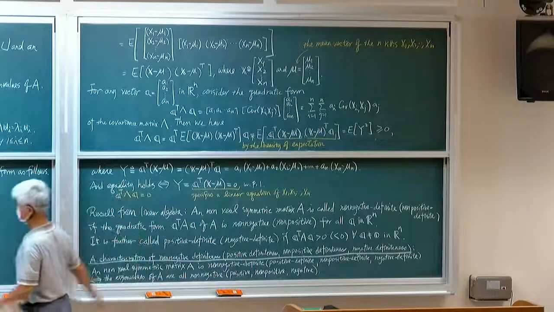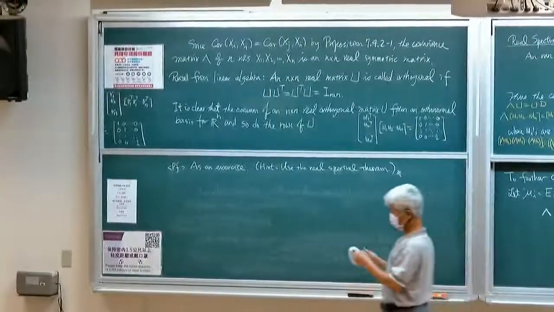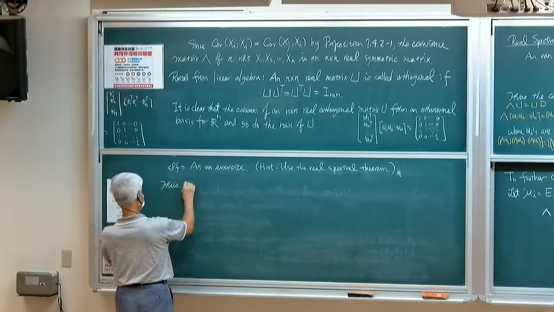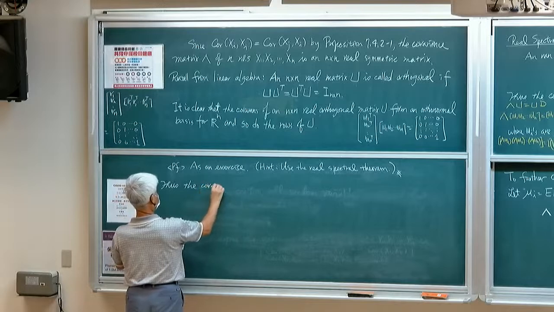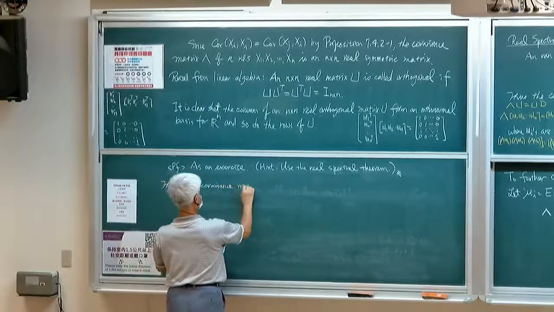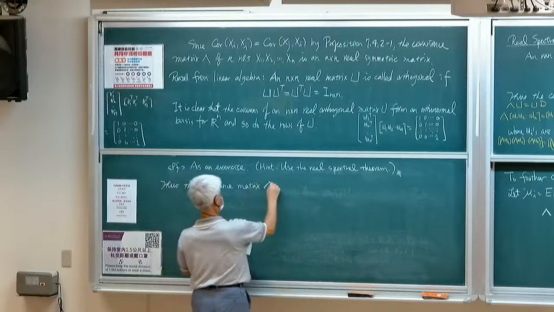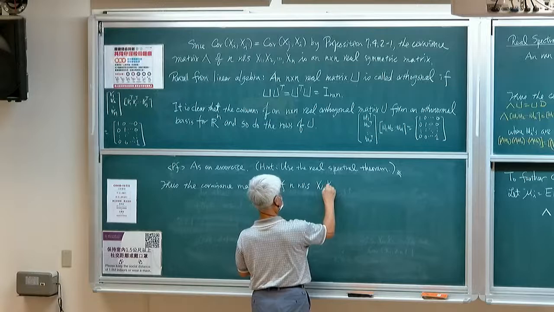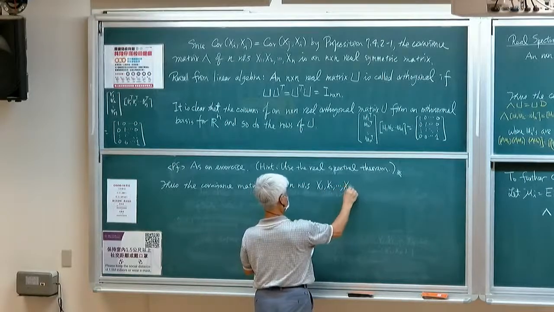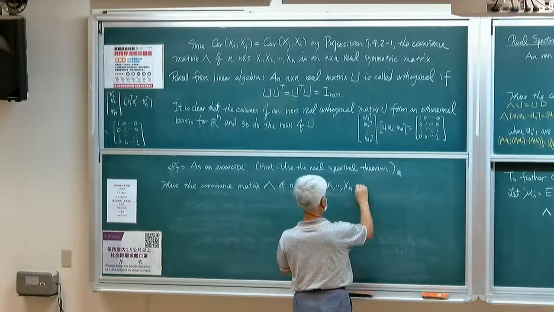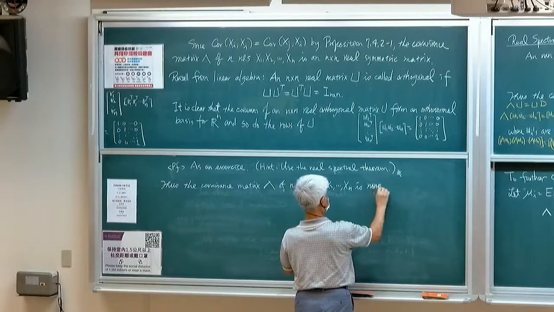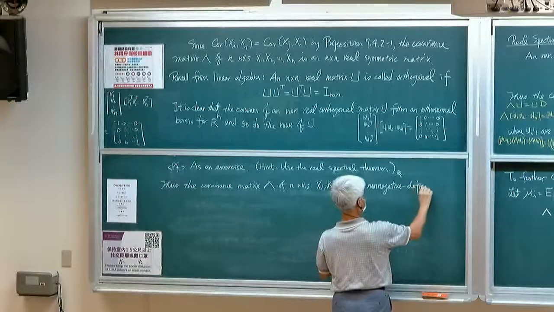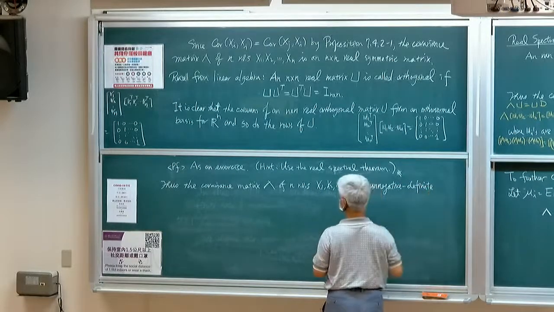All right, so now it is safe to say that the covariance matrix lambda of n random variables x1, x2 up to xn is non-negative definite.